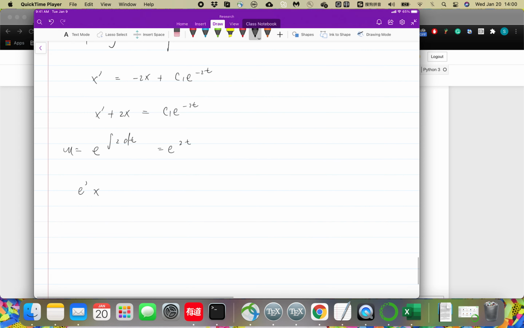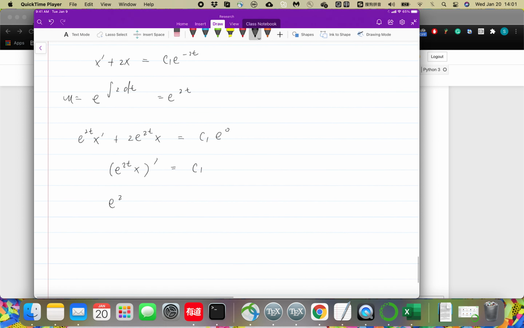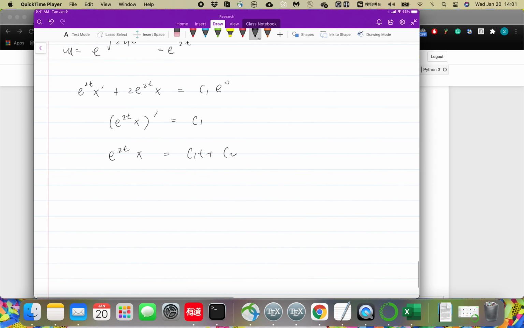Multiplying, e to the 2t times x prime plus 2x, the terms cancel, and the right side equals c1. Now (e to the 2t x) prime equals c1, so e to the 2t x equals c1 t plus c2. So finally, your x equals c1 t e to the negative 2t plus c2 e to the negative 2t.